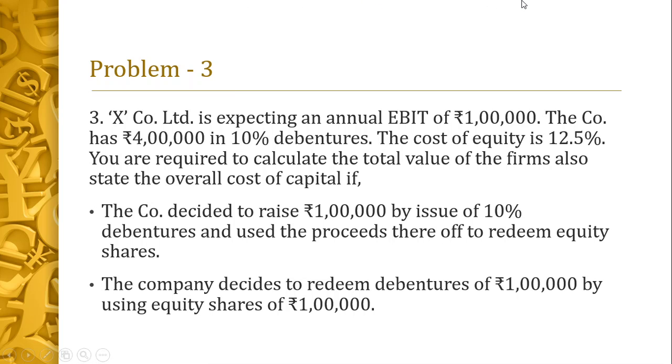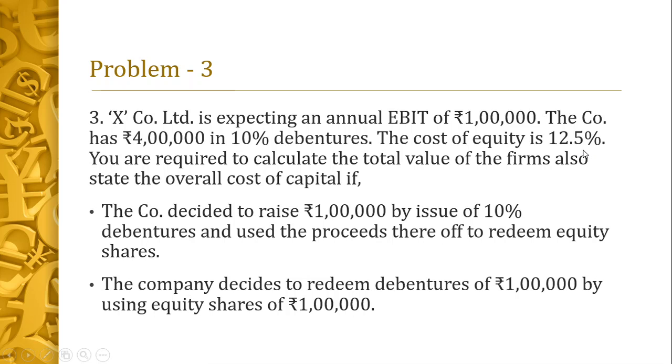Now the third question is all about X Company Limited, which is expecting an annual EBIT of rupees 1 lakh. The company has rupees 4 lakh in 10% debentures. The cost of equity is 12.5%, and you have been asked to calculate the total value of the firm and the overall cost of capital. That would make up the first scenario.